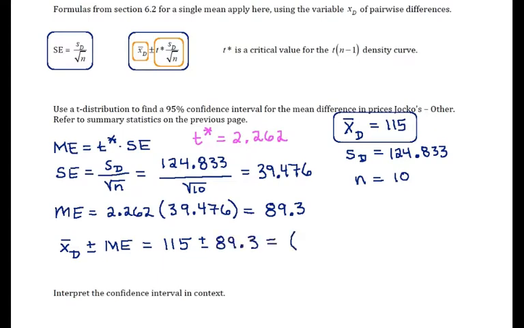Subtracting gets me my lower bound of 25.7, and adding gets me my upper bound of 204.3. And this is a 95% confidence interval for mu sub d.